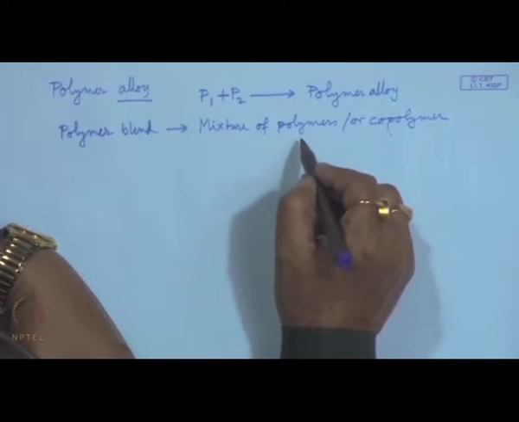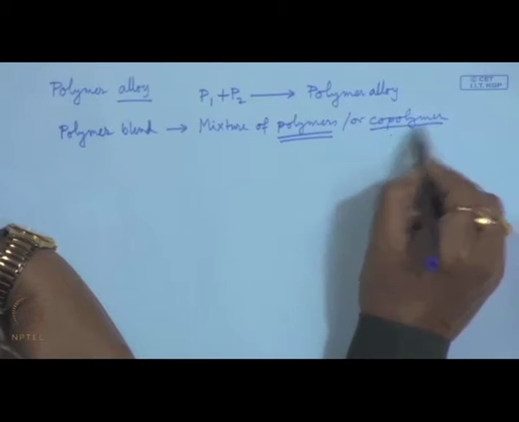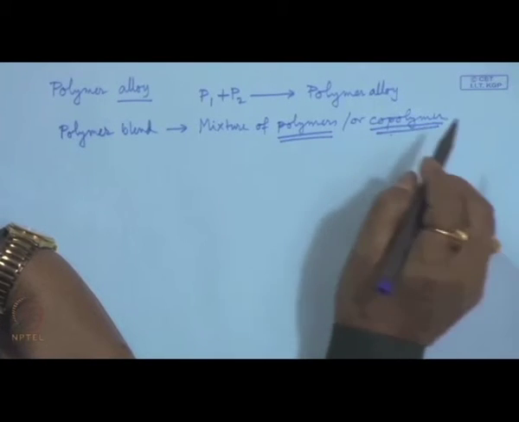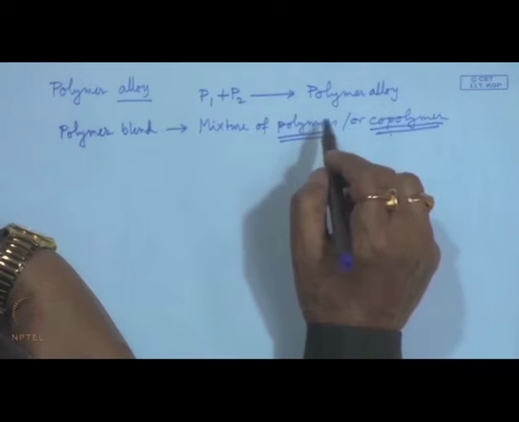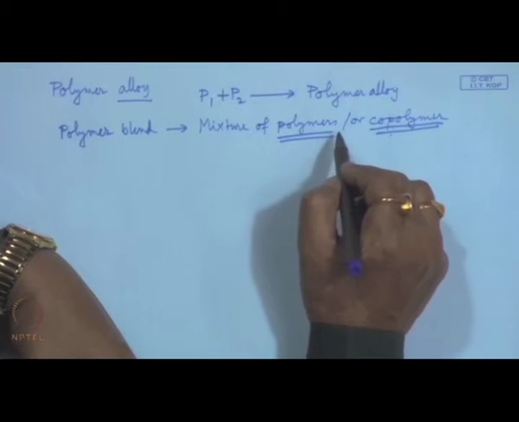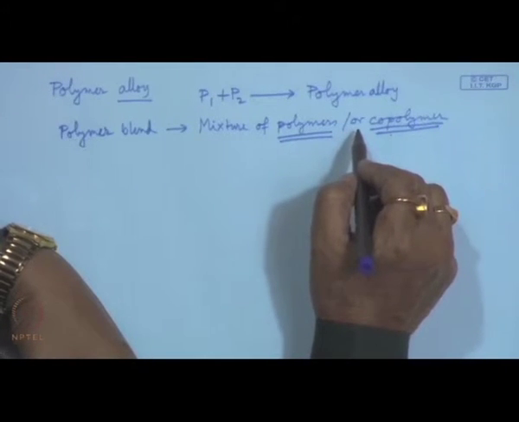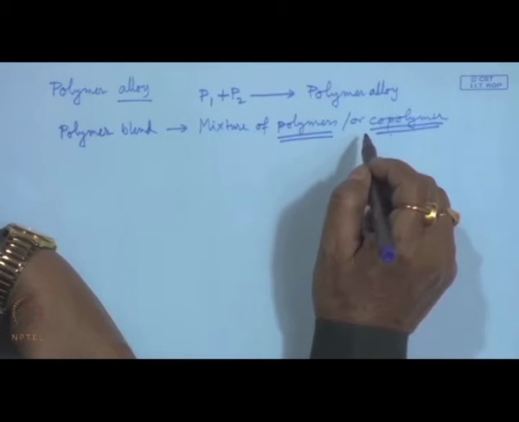So, polymer mixture, copolymer mixture, or polymer copolymer mixture. These different cases, different blends of polymer and copolymer forms, constitute these polymer blends.